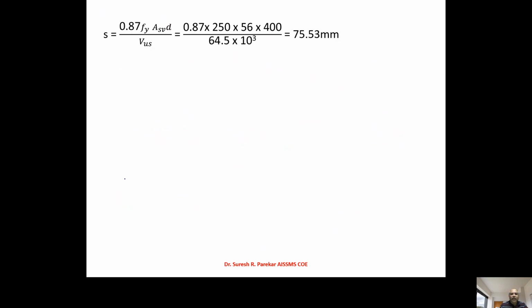Now Sv we can find: Sv equals 0.87 fy Asv d upon Vus. From this we get the value as 75.53 millimeters. Knowing this value, we are in a position to get the spacing. So provide 6 mm diameter two-legged stirrups at 75 mm center to center.